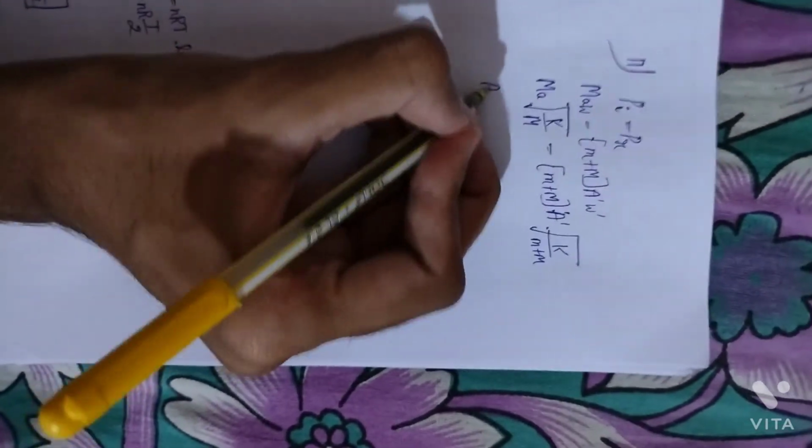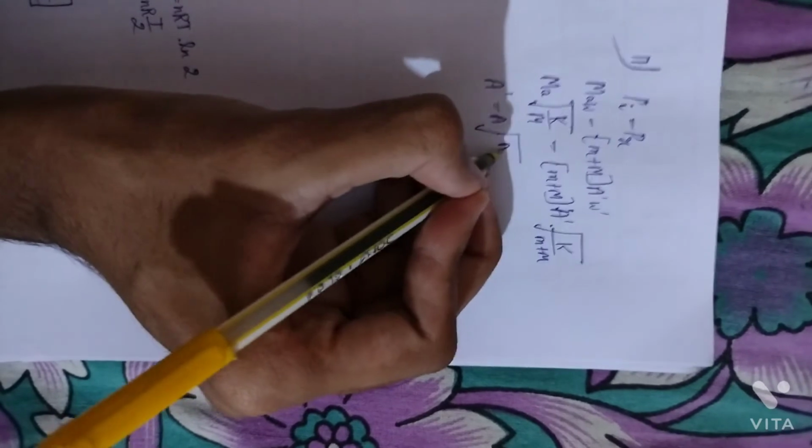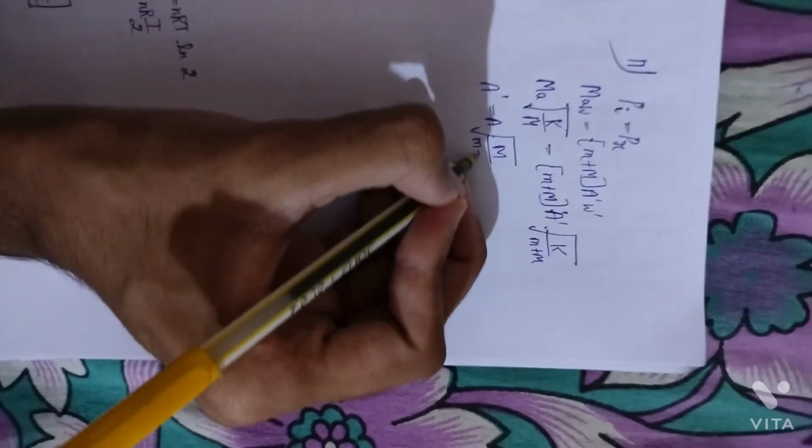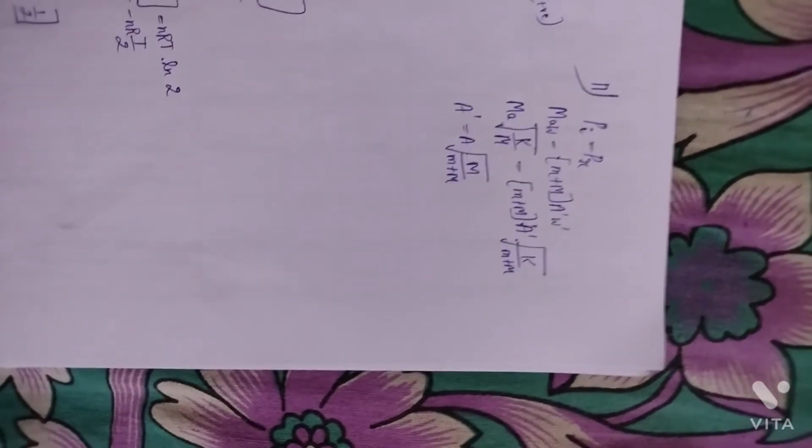So therefore A dash is equal to A root m by (small m plus capital M). This is the formula we get when we solve it.